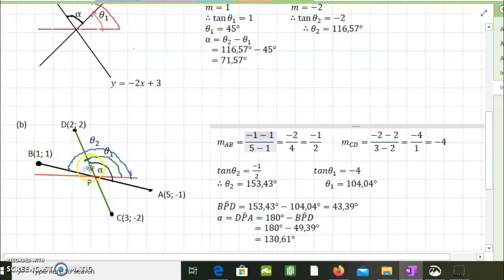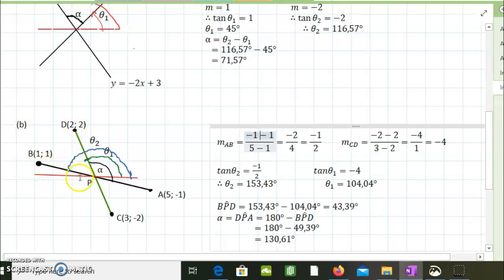So this angle here, BPD, if I subtract theta 2 minus theta 1, in other words 153,43 minus 104,04, I get an answer of 49,39. So this angle here, BPD, is 49,39. Now why did I work that out?